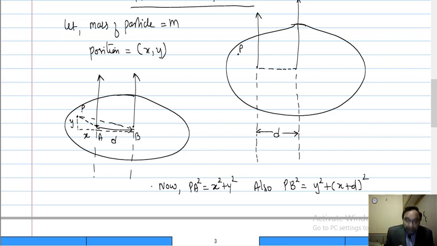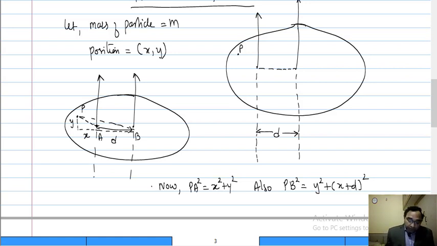With A as the center, the coordinate of point P will be x comma y. If you take B as the central axis, then the coordinate of point P will become x plus d comma y.